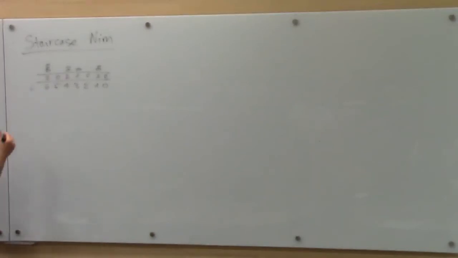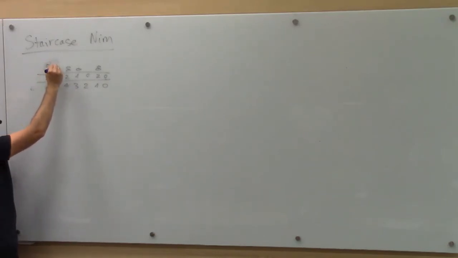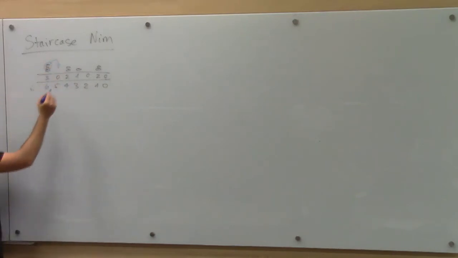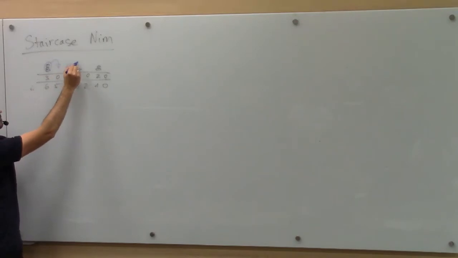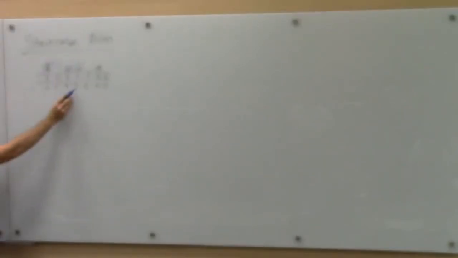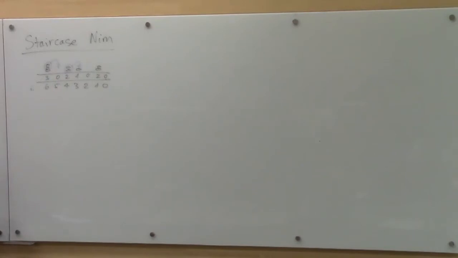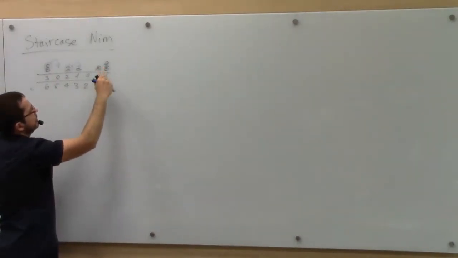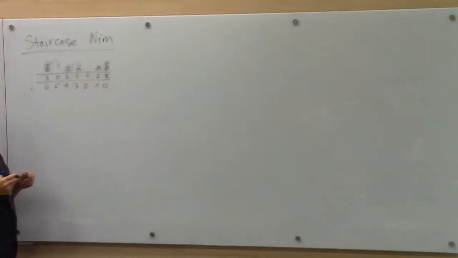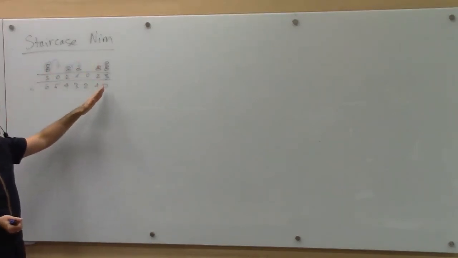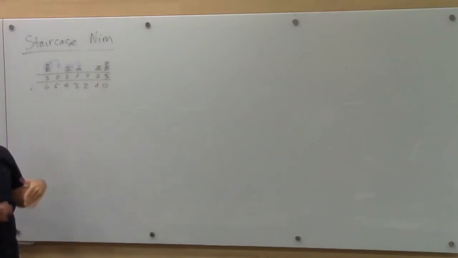So for instance, a valid move would be taking 2 coins from stack number 6 and putting them on stack number 5, or taking 2 coins from stack number 4 and putting them on stack number 3. If we have some coins on stack number 0, we cannot move them. So basically, the ending position in this game is when all of the coins are moved to stack number 0. Then we cannot move them anymore.